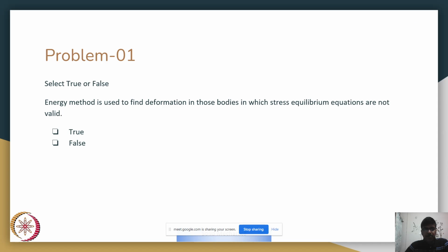The first problem, it's a simple true or false question. The given statement is: energy method is used to find deformation in those bodies in which stress equilibrium equations are not valid.